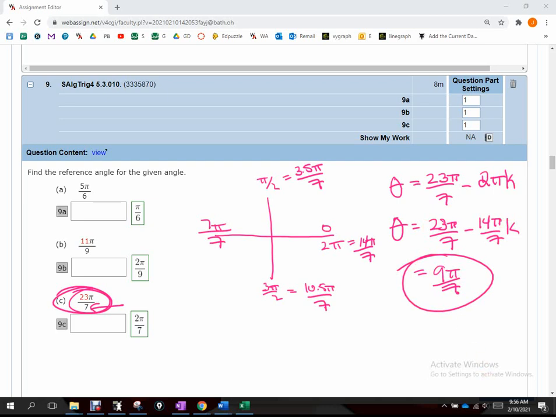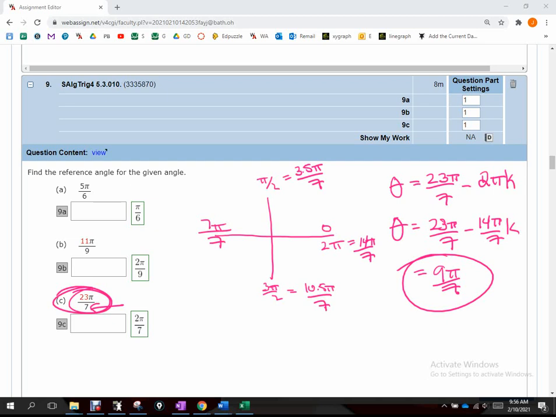So 9 pi over 7 is coterminal with 23 pi over 7. Does that make sense? If I were to trace out 23 pi over 7 and then trace out 9 pi over 7, even though they're different sized angles, they start and stop at the same positions. I like 9 pi over 7 because it is between 0 and 2 pi, or between 0 and 14 pi over 7.